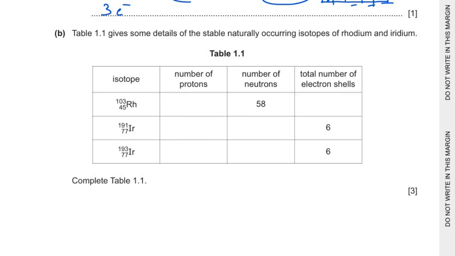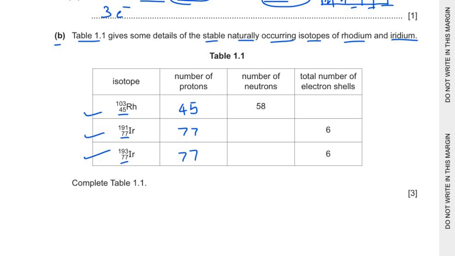Now part B: Table 1.1 gives some details of stable naturally occurring isotopes of rhodium and iridium. Now here are given the isotopes of rhodium and iridium. The number of protons is the atomic number by default, so we don't have to think much, just write the atomic number of both rhodium and iridium.